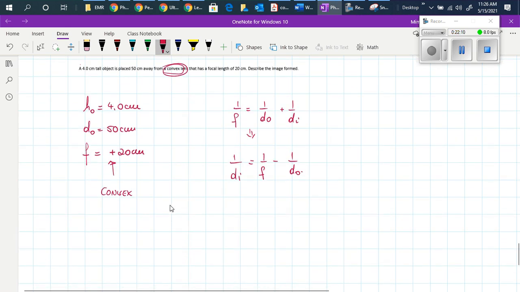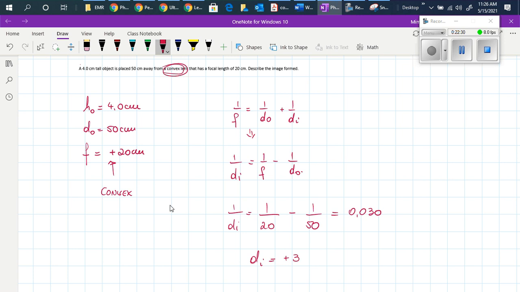So now 1 over di is equal to 1 over 20 minus 1 over 50. And this will be 0.030 1 over centimeters, which means that di is a positive number, 33.3 centimeters.